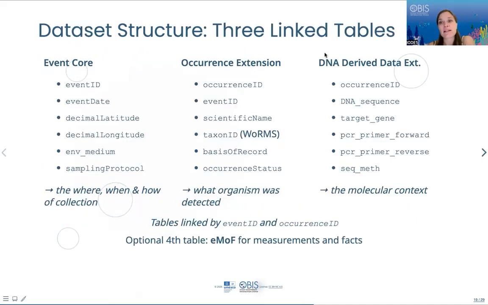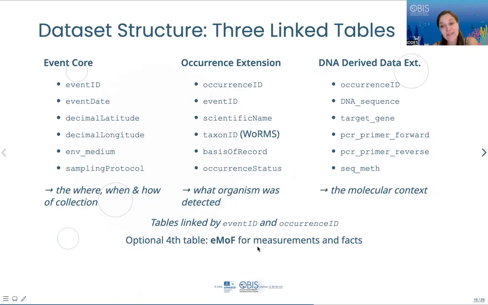And so what it looks like if you have these three tables is, basically, in the event core you will have information on the dates and location and other information that might be linked to your actual sampling. In your occurrence, you then have mostly your taxonomic information, the basis of record and the occurrence status. And then, of course, as before, the DNA-derived data extension has your sequence and sequencing information.